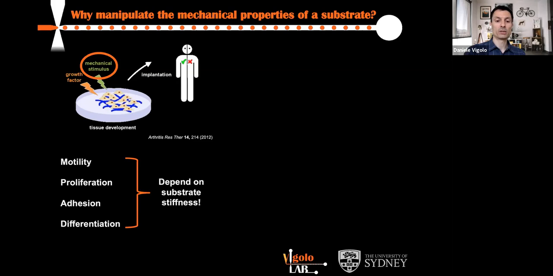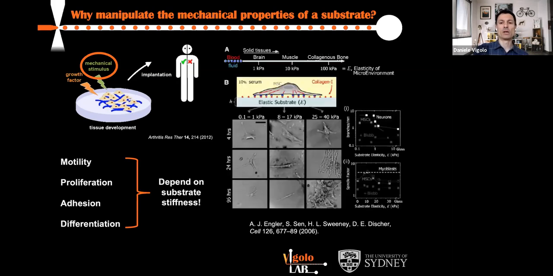We know from literature that a number of cellular behaviors, motility, proliferation, adhesion, but also differentiation, if you're looking at stem cells, directly depend on the stiffness of the substrate. This is a very famous paper where stem cells are cultivated on a uniform material of different stiffness. And as you can see here, there is soft, medium, and harder substrate, and there is a differentiation of stem cells in all these substrates induced by the stiffness itself.